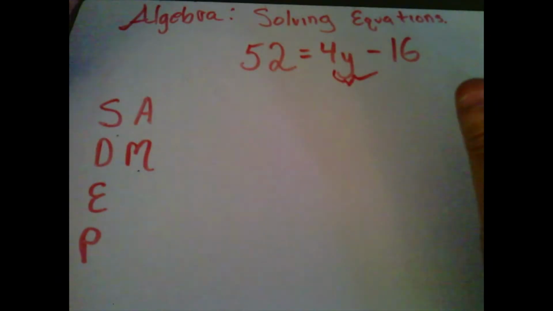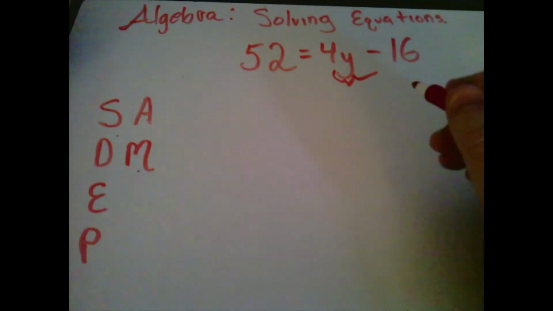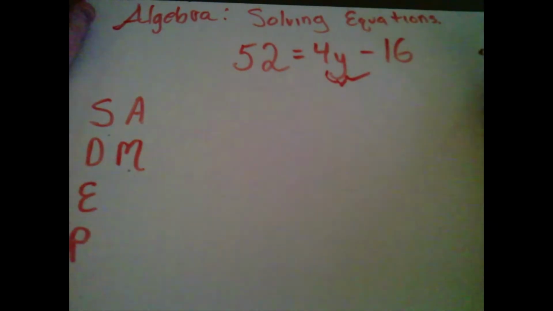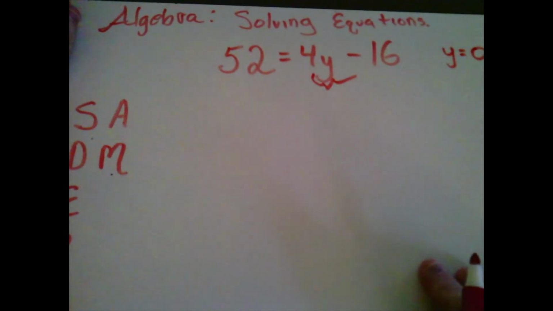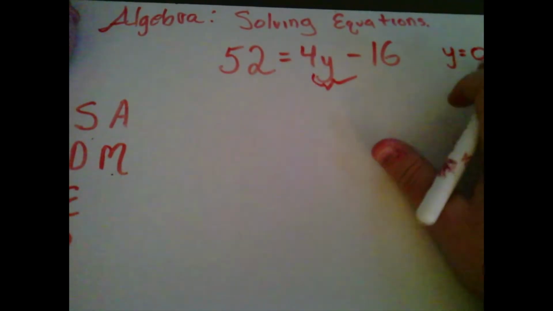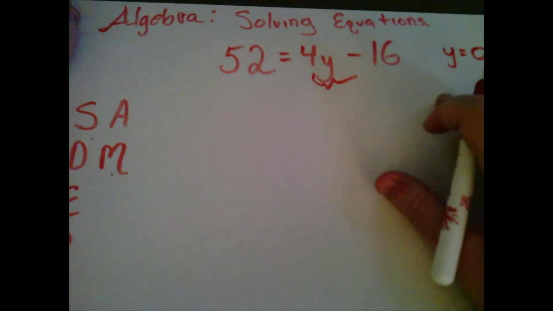But before we even start with any of that, let's pick a number and let y equal it. Let's say y equals 0. If we choose 0 for the value of y, does that make this a true statement? Let's find out.